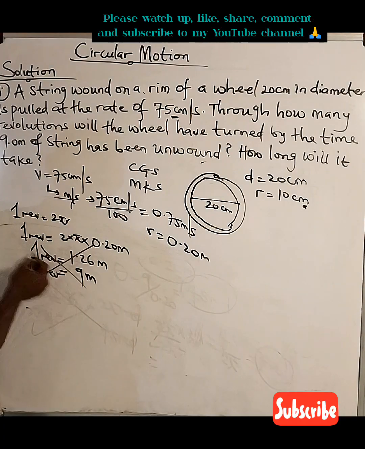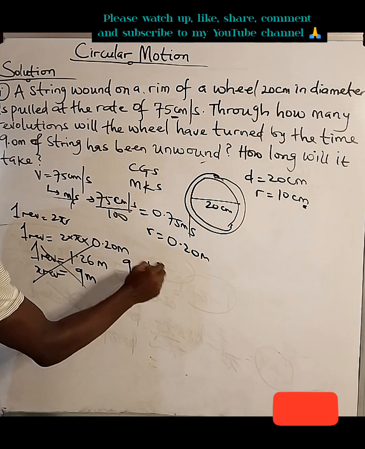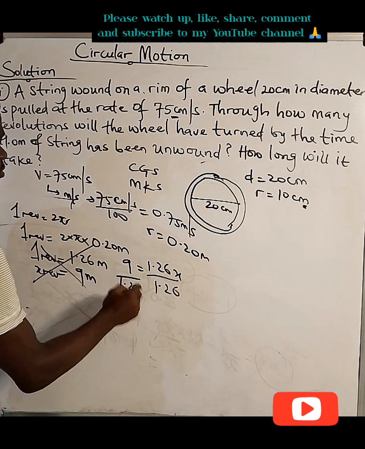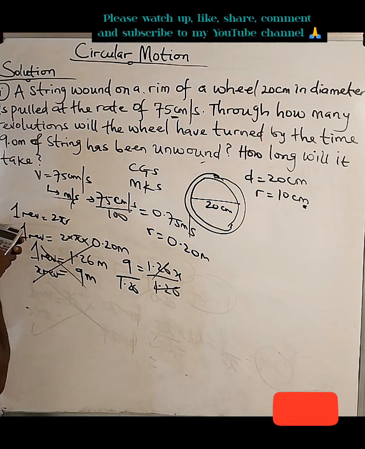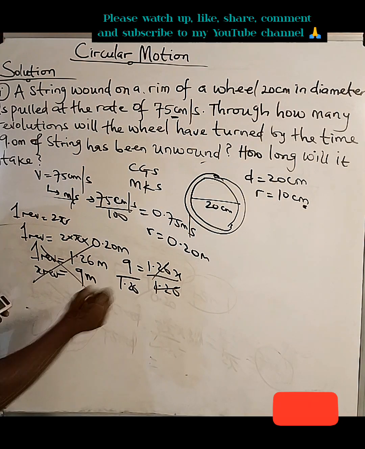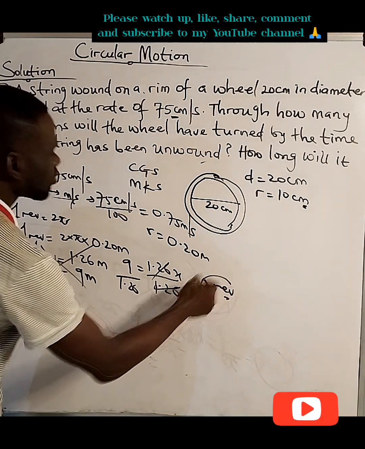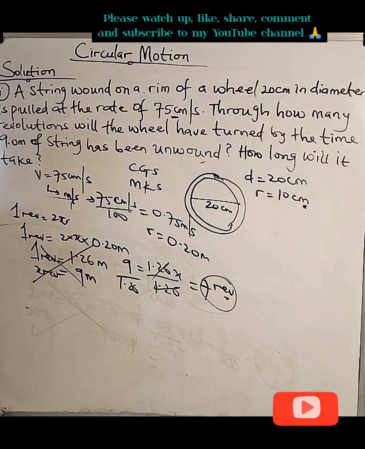Just cross multiply. So we end up having 9 divided by 1.26, and that will give us 7.14, about 7 revolutions. Still the same result. As simple as ABC.